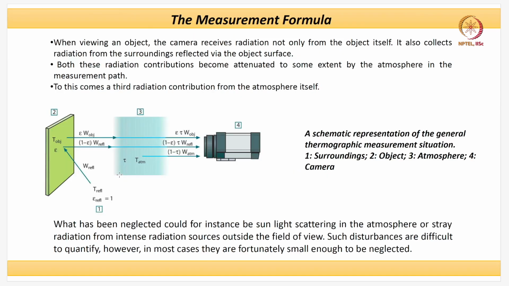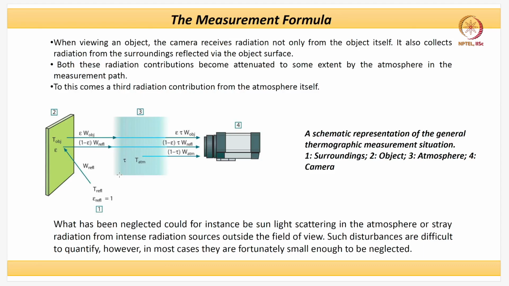So how do you do a measurement of this? When you view an object, the camera receives radiation not only from the object itself, but it also collects radiation from the surroundings reflected via the object surface.